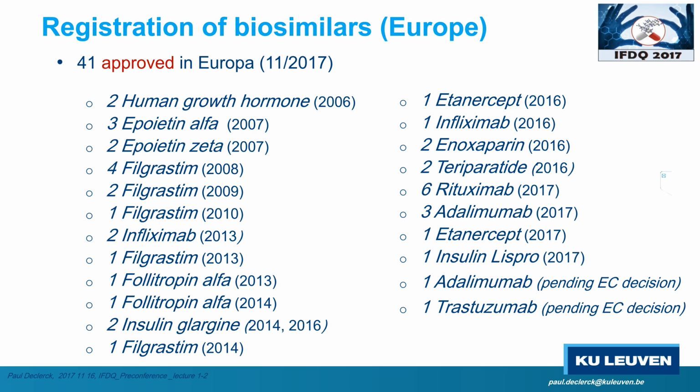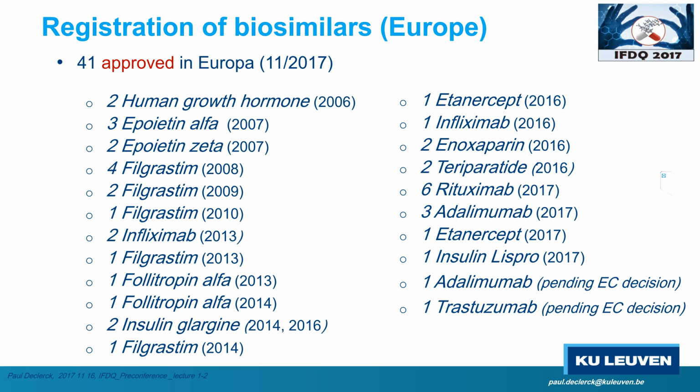Another important point that may make life a little bit more difficult is that, if we have, for instance, here 4 times filgrastim, and we have here 6 rituximab, this does not mean that there are, for the rituximab, 6 different sources. I'm not an expert on commercialization of pharmaceutical products, but sometimes a company introduces the same dossier 4 times to have it marketed under different trade names, but it's actually the same product, just with another label on it.